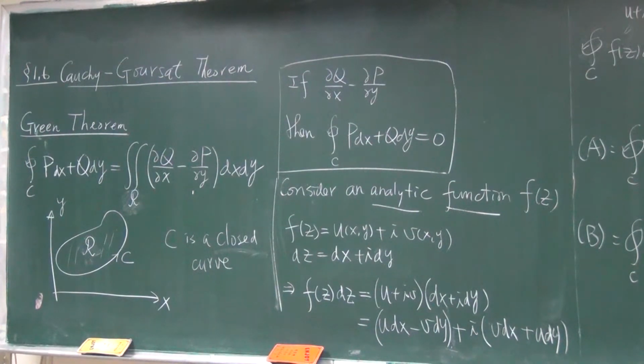So according to the Green theorem, now we are talking about the upper right part of the backboard, if partial Q partial x minus partial P partial y equals 0, then the integration of P dx plus Q dy equals 0.